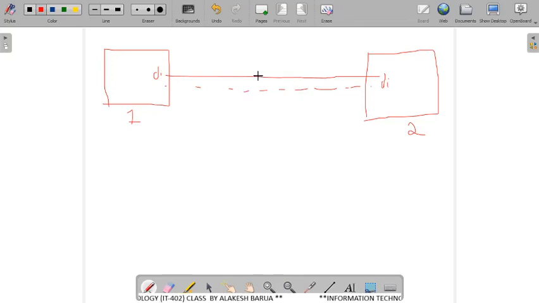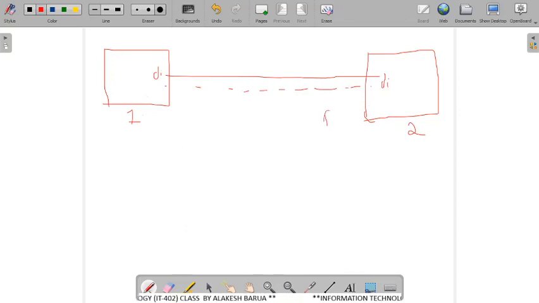We can further enhance the definition by understanding that these devices, if they are in a network, then they have to obey certain rules and regulations. Let's say when they are exchanging data, the devices must not be off, they should be on. A simple rule. And if device 1 is transmitting, then device 2 must be receiving. This is another rule. So there are certain rules and regulations which these devices must follow.